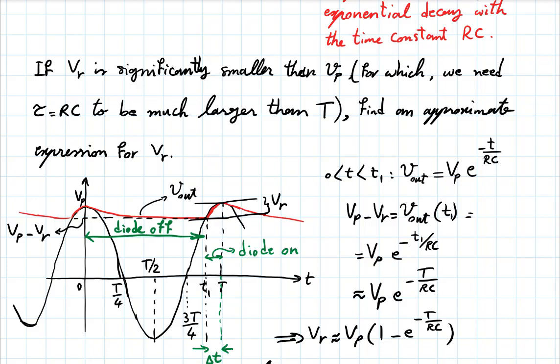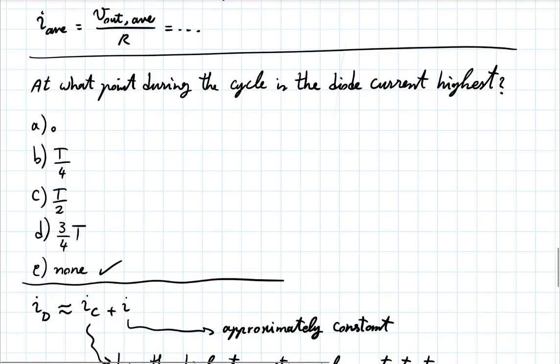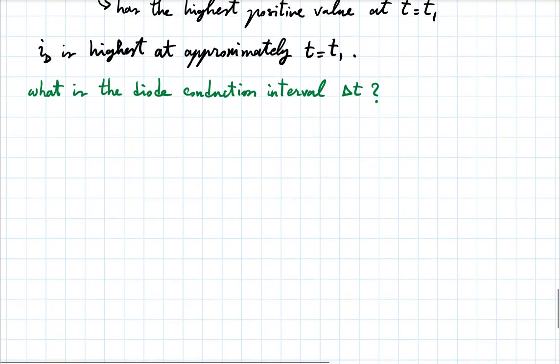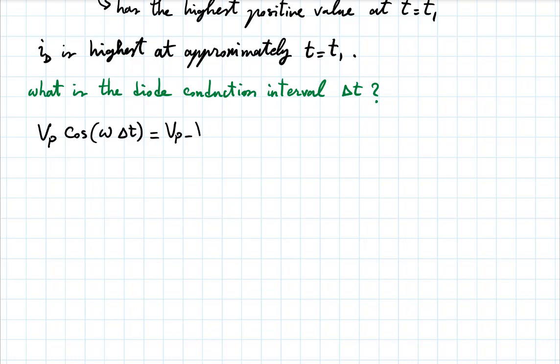Now, this point is VP minus VR in terms of voltage. This point is VP. So all you're looking at is the difference on the time axis for the cosine curve, right? So the graph VP cosine of omega delta t has to have reached the value VP minus VR.